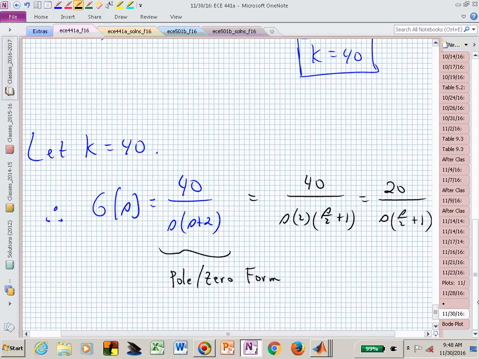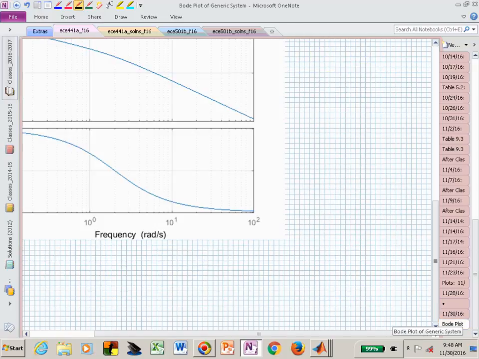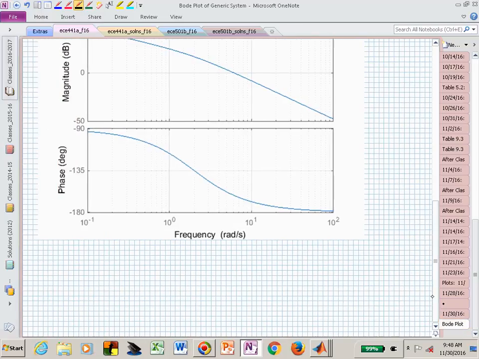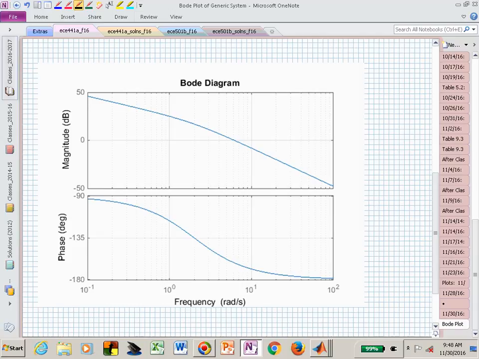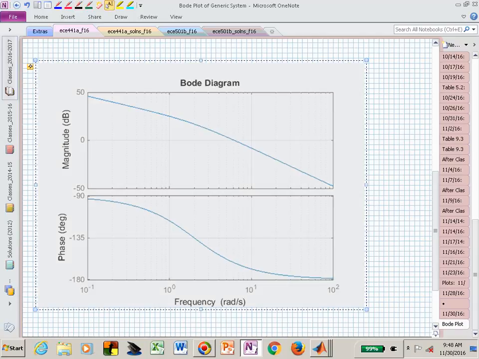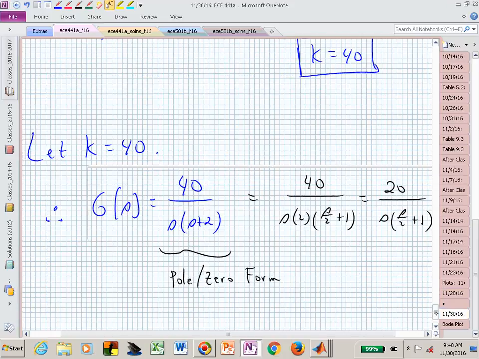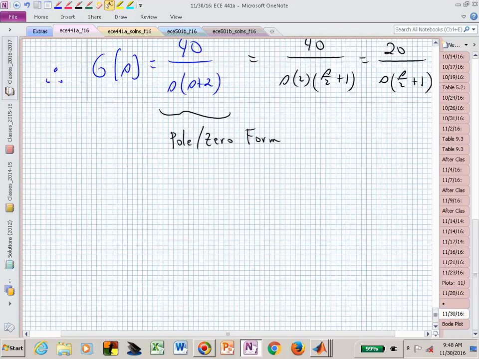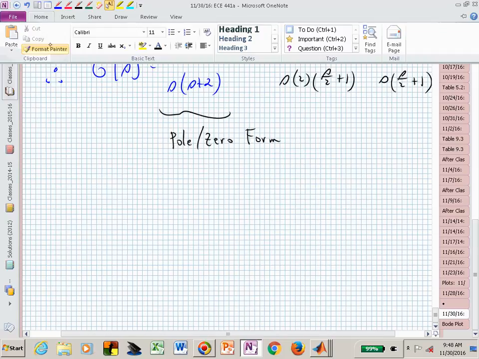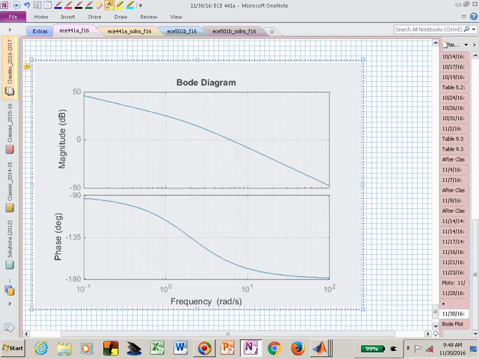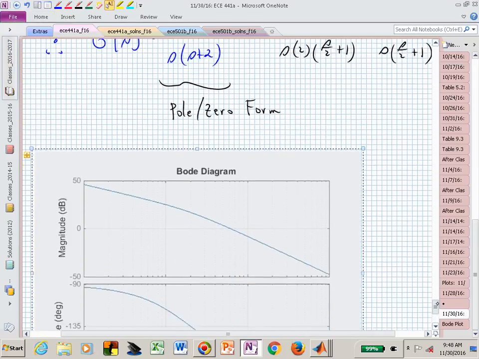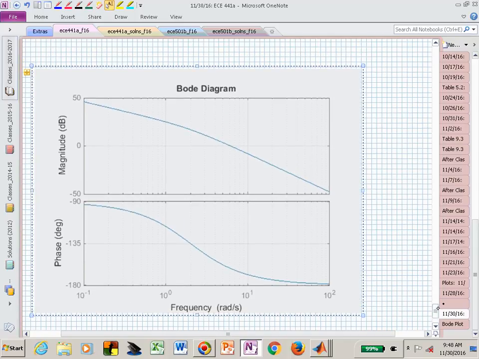And if you cheat like I did before class and do the Bode plot in MATLAB, then we can maybe, if it cooperates, we now have our Bode plot for that gain of 20 over S times the quantity S over 2 plus 1.